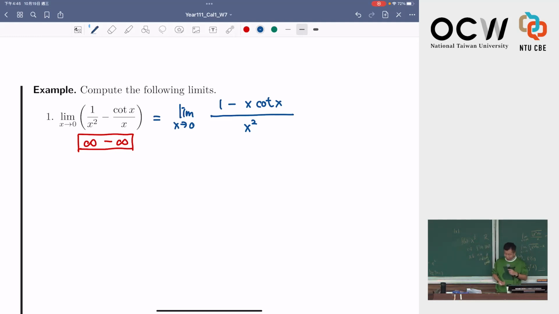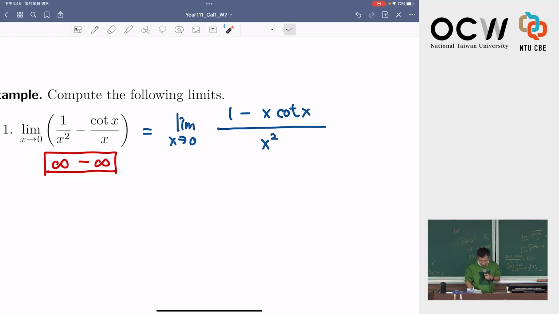Although if you're smart enough, you can probably see you can apply L'Hopital's rule directly. But if you cannot see it, cotangent is not defined at x equals 0, because cotangent is cosine over sine, and you have a sine in the bottom. So as x goes to 0, the function is not defined there.